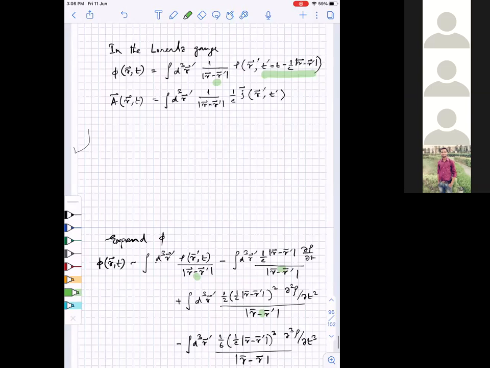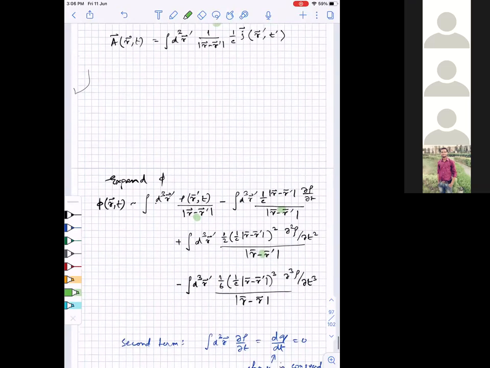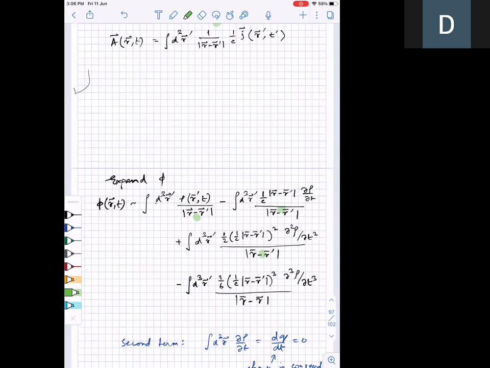Now, if we look at the second term over here, it is basically the integral of dq times del rho del t. So 1 by c I can take out, r minus r prime I can take out, but it's basically the volume integral of del rho del t.